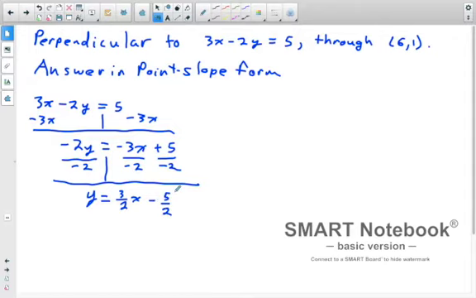Now, we want to write the equation of a line that is perpendicular to this one. And since we want the equation of our line to be perpendicular to this one, we need to figure out what value that is. And this is where taking the opposite reciprocal comes into play.